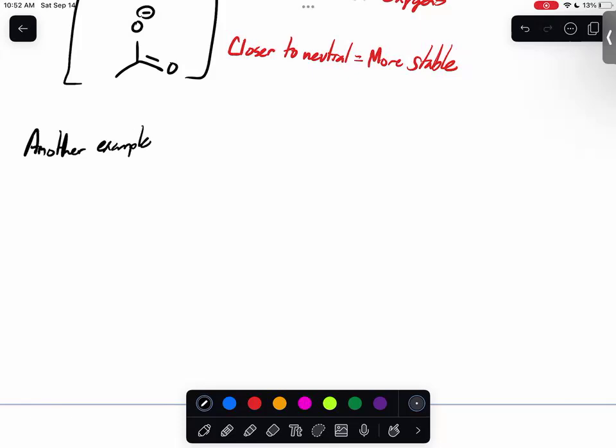So for this one, let's say we had, I guess I don't have to draw it out, I can just do NH2 versus this here.